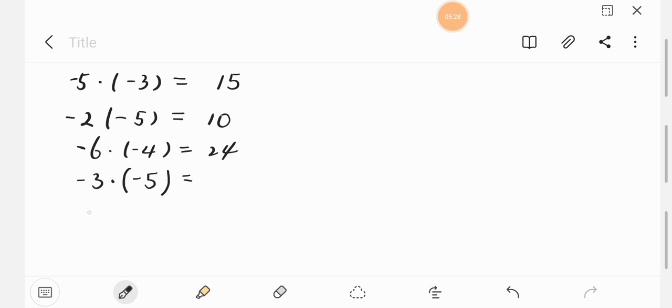Because if you don't put parentheses, this looks like a minus sign, like negative 3 minus 5. Then this is not a product. So it is better to protect the negative number with parentheses. Within the parentheses you put the negative number, so that is more safe. Alright, so negative 3 times negative 5 is positive 15.